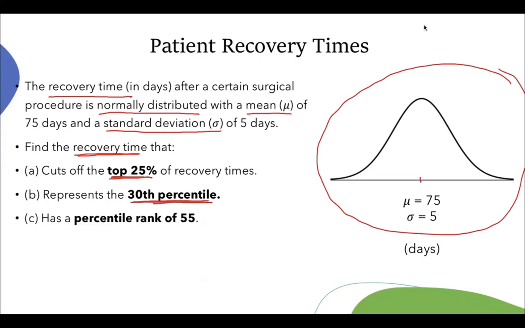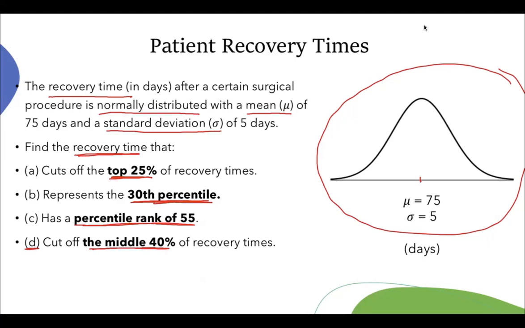Then find the recovery time that has a percentile rank of 55. And find the recovery time that cuts off the middle 40% of recovery times. Part D is going to have two answers because the middle has two cutoffs, one on the left and one on the right.